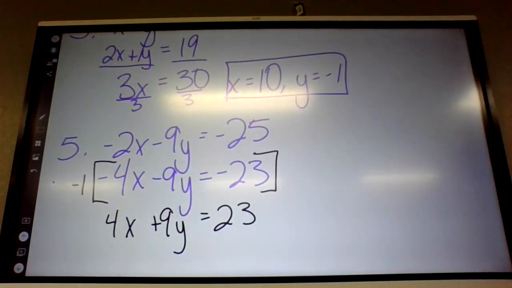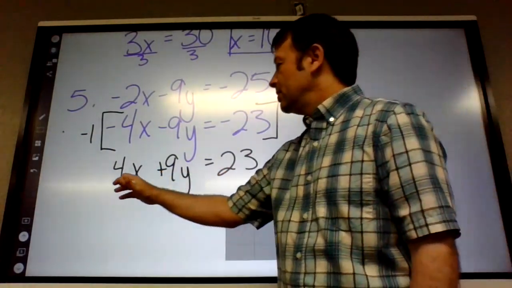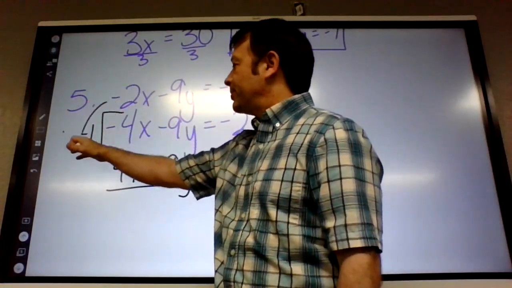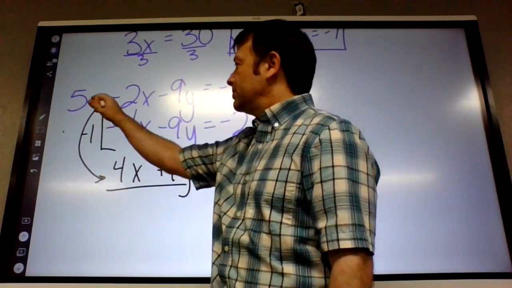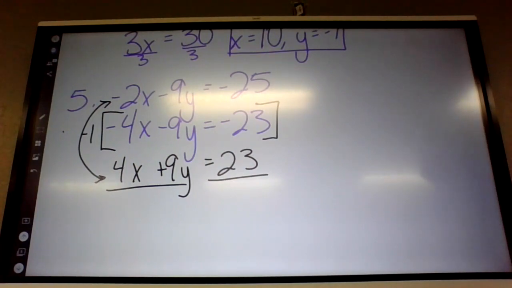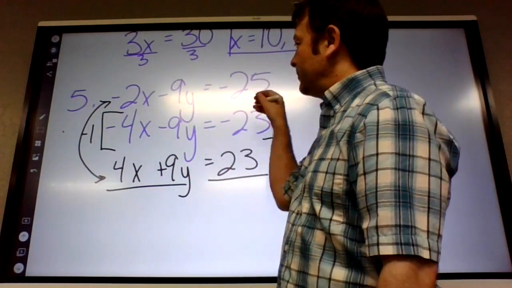Does that make sense? Now I'm adding the top line with the third line. The second line has been replaced, so you could scribble that out if you want to.